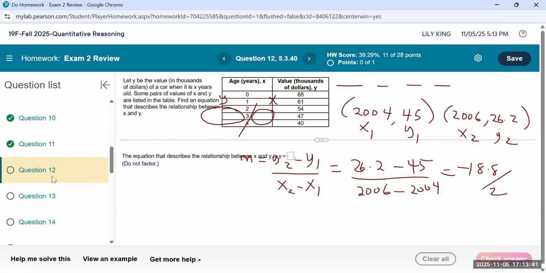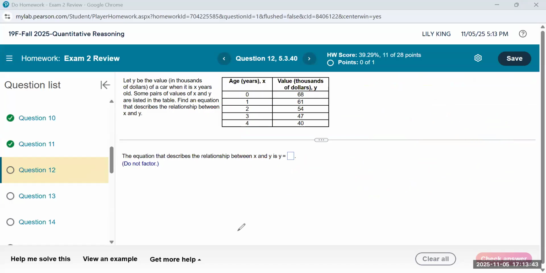Now moving on to question 12, here we have to come up with an equation that describes the relationship between x and y. So we can come up with two ordered pairs. So we have x and y. So we take 0 and 68, 1 and 61.